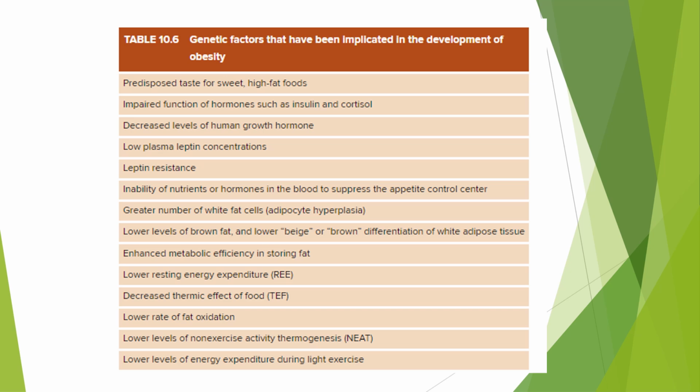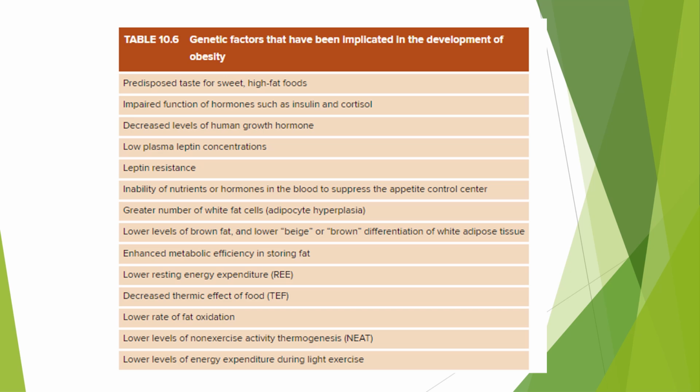The polygenic risk. Obesity is a polygenic trait, meaning that multiple genes contribute to its risk. Each gene may have a small effect, but their cumulative impact can be significant. Gene-environment interactions. Genetic predisposition to obesity can interact with environmental factors such as diet and physical activity.